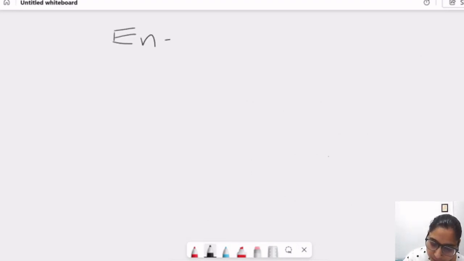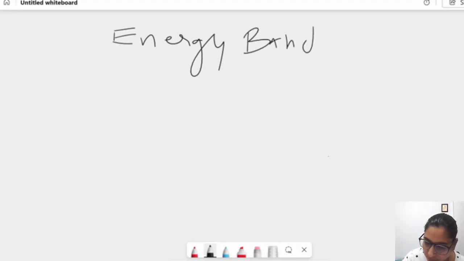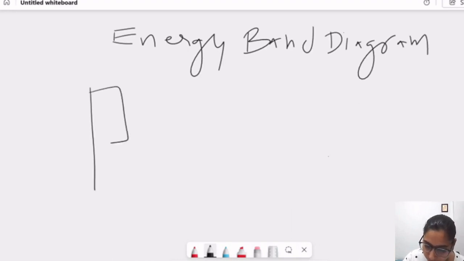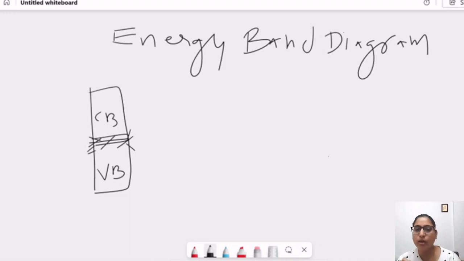Okay, let's see the energy band diagram. When the valence band and conduction band overlap, not much energy is required for an electron to jump from the valence band to the conduction band.